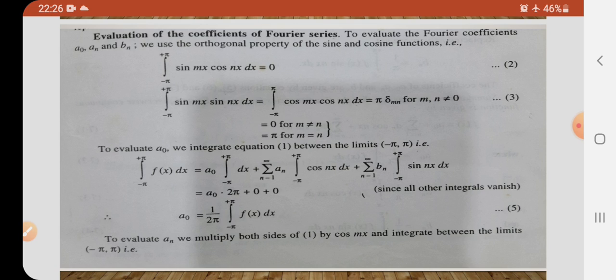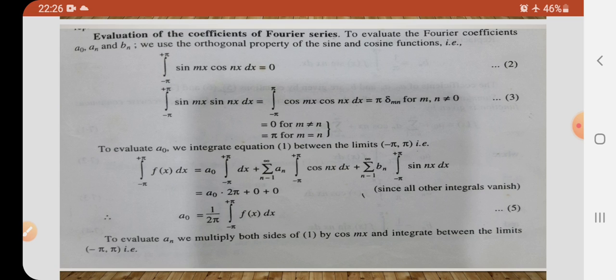Now on integrating equation 1, we can write the integral from minus pi to plus pi of f(x) dx, this is our LHS, equals a0 times the integral from minus pi to plus pi of dx, plus in the second term summation of n equals 1 to infinity a_n times the integral from minus pi to plus pi of cos nx dx, plus b_n times the integral from minus pi to plus pi of sin nx dx.